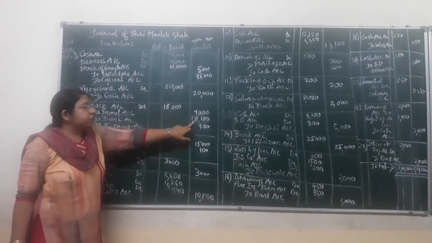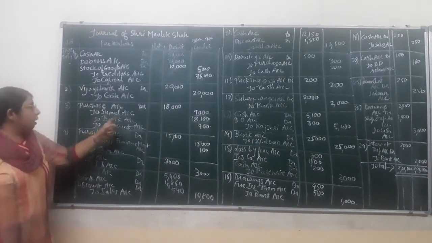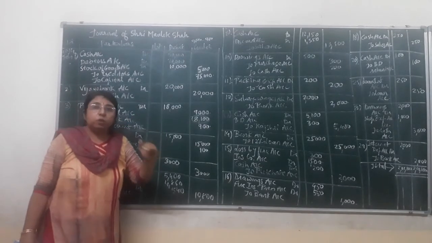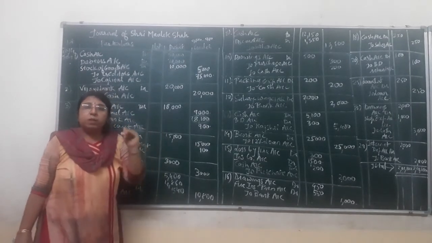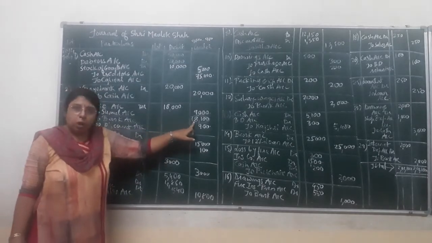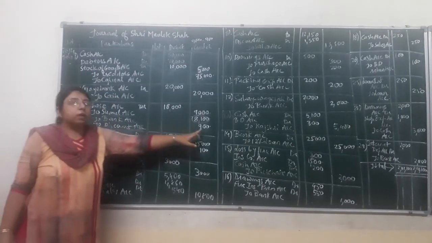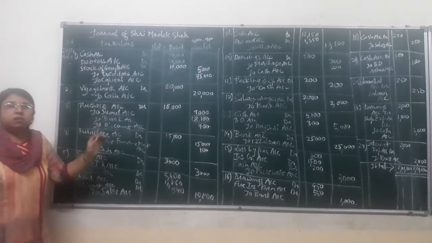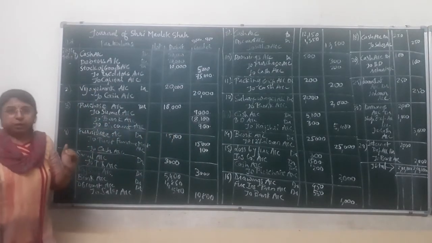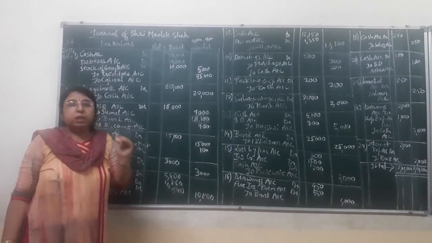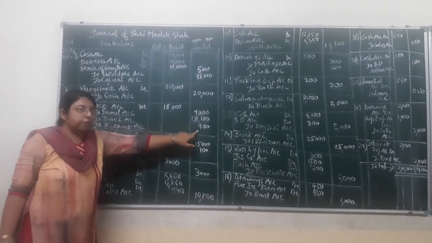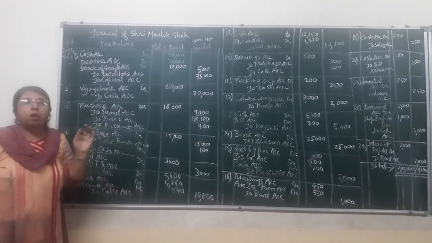So the remaining balance you are paying in check. So bank account credit, because that much amount of check you are paying. So your bank balance will be reduced by rupees 8,100. And to discount account credit, that is 900. It means because of less payment in the form of check, you are receiving a cash discount of rupees 900. So that is an income or gain for the firm.